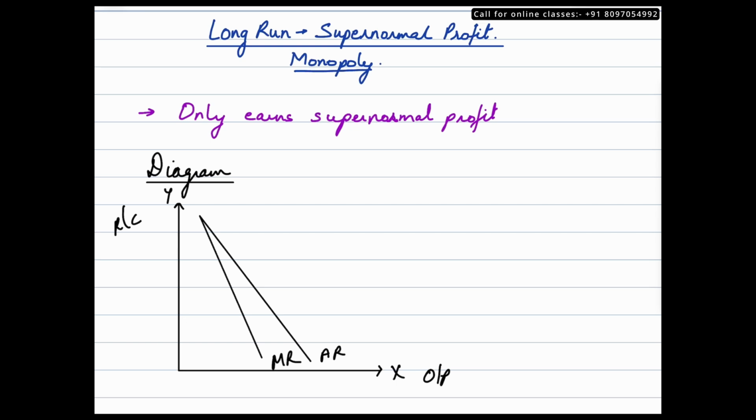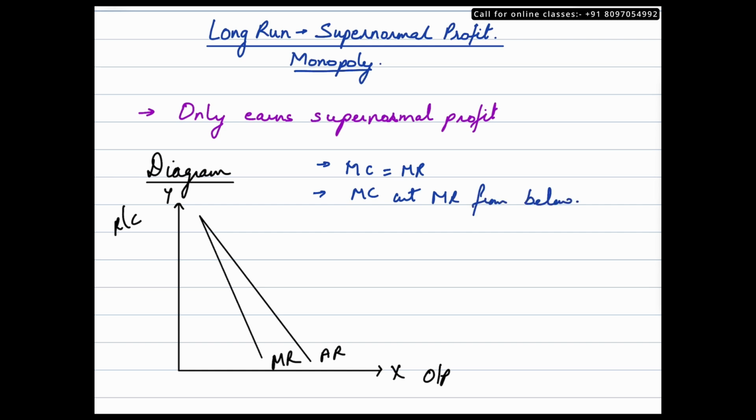Okay, so first we need to identify the profit maximizing situation. What are the rules and conditions for profit maximization? Let me write down the rules for profit maximization. First, marginal cost is equal to marginal revenue, and second, marginal cost would cut marginal revenue from below, correct?